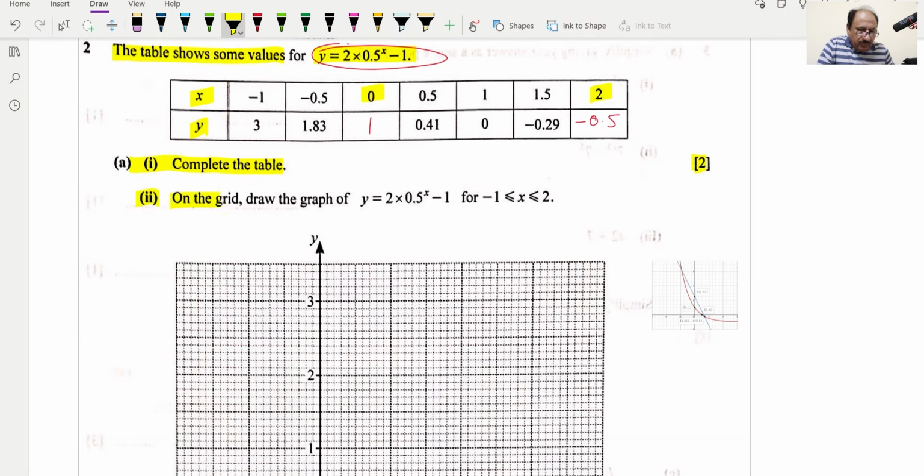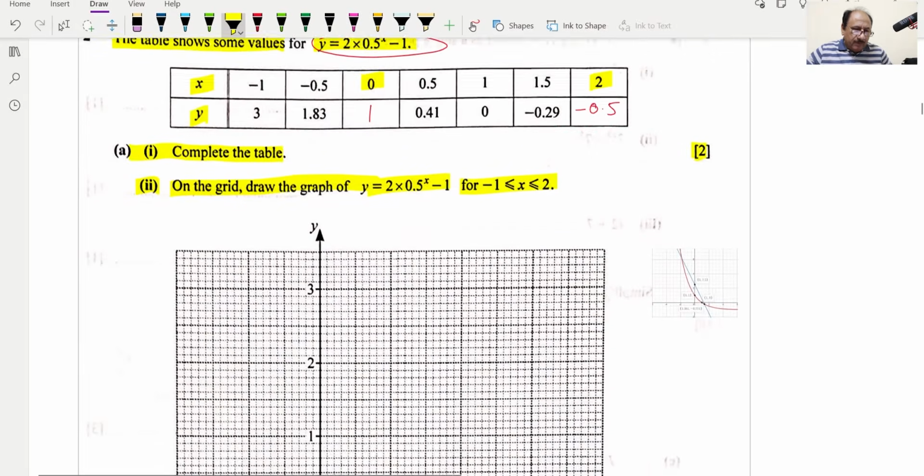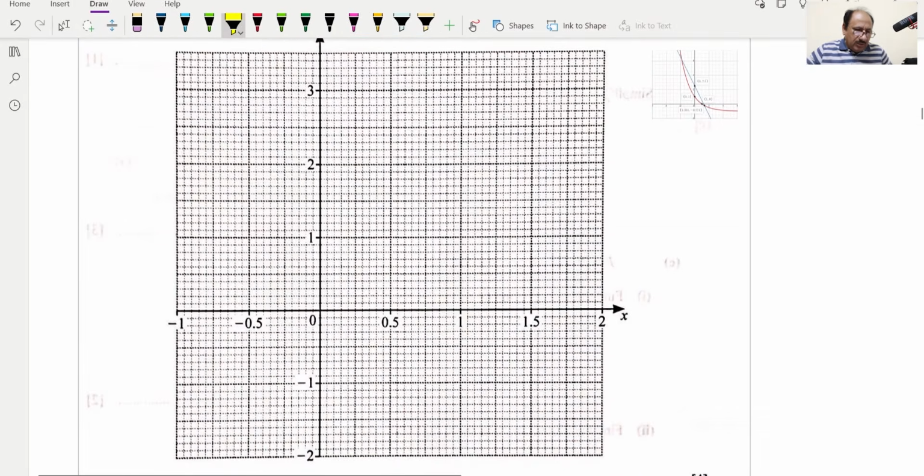Now the second part: on the grid, draw the graph of the same from minus 1 to 2. The grid is provided. So the first point is minus 1 and 3, which will be this point.